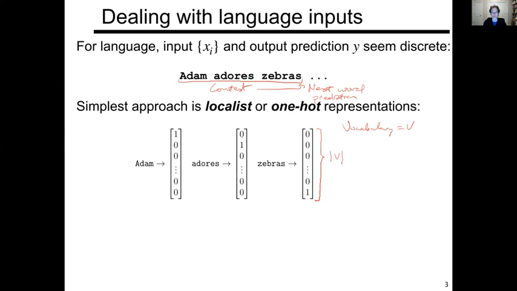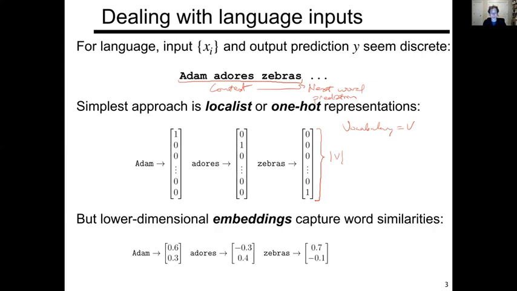This consideration gives rise to the idea of a lower dimensional embedding representation, which we saw before in word embedding models for vector semantics, to be used for the input representation for a neural language model as well. Here we would use a lower dimensional representation.